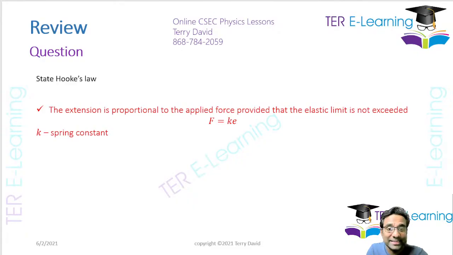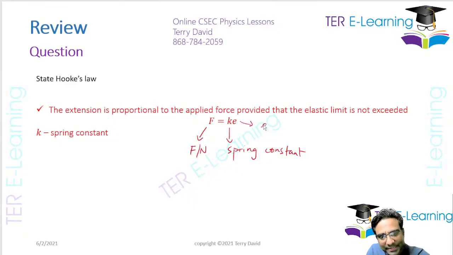If you are asked to write an equation to represent Hooke's law, you're going to tell them that F is equal to K E, where F is my force in newtons, K is what we call our spring constant, and E is our extension.